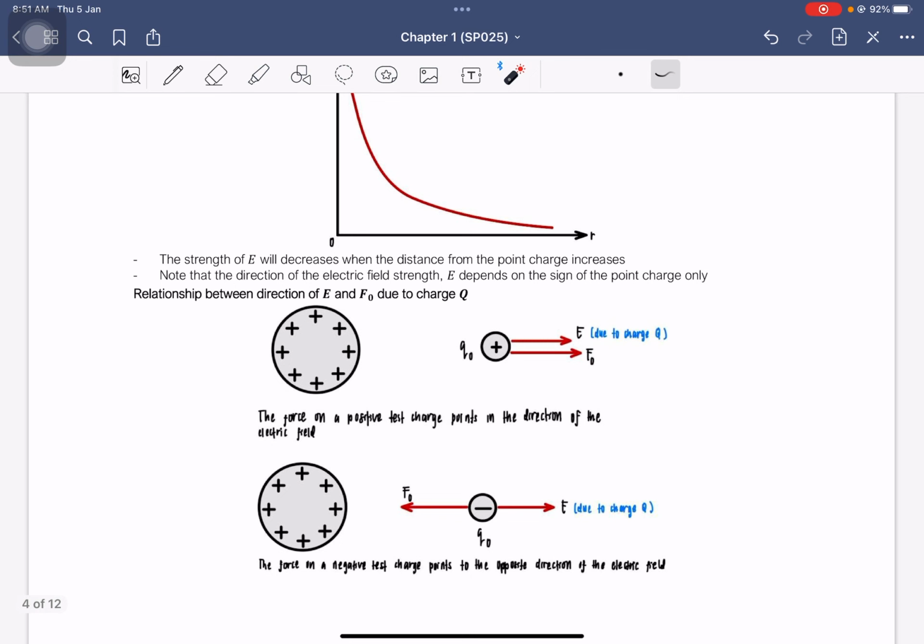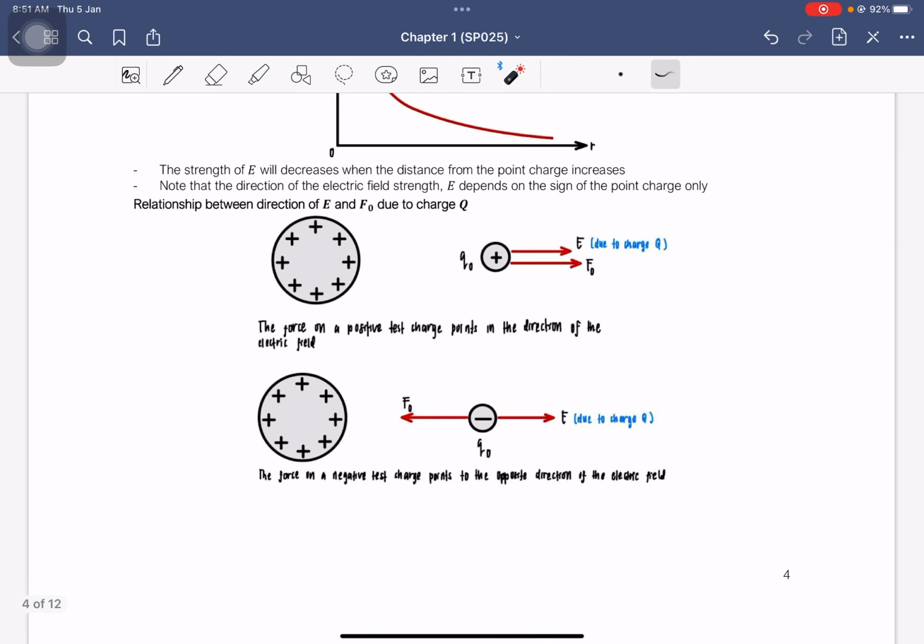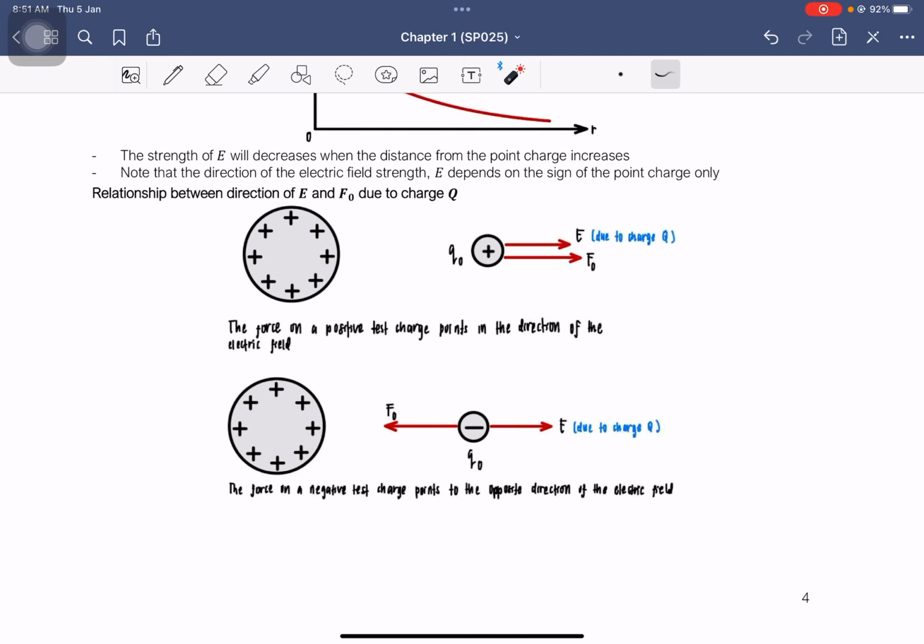So let's look at the relationship between electric field and the force due to charge Q. The force on a positive test charge will point in the direction of the electric field. For a negative test charge, it will point in the opposite direction of the electric field.